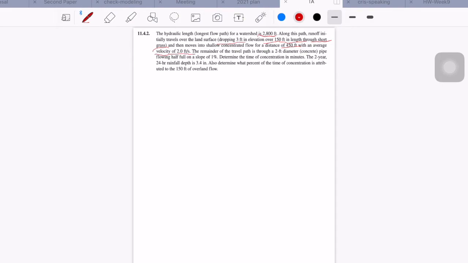And the remainder of the travel path is through a 2 feet diameter pipe flowing half full on a slope of 1%. We need to determine the time of concentration in minutes, and we know the 2-year 24-hour rainfall depth is 3.4 inches. We also need to determine what percent of the time of concentration is attributed to the 150 feet of overland flow.